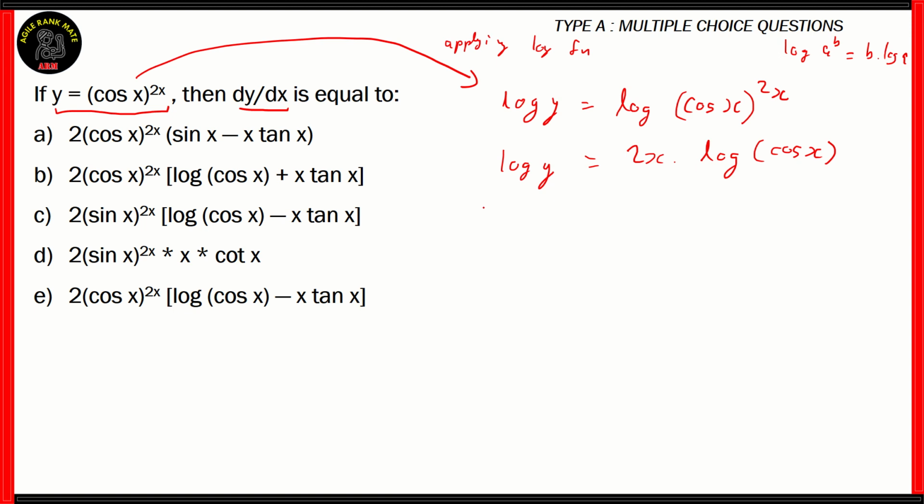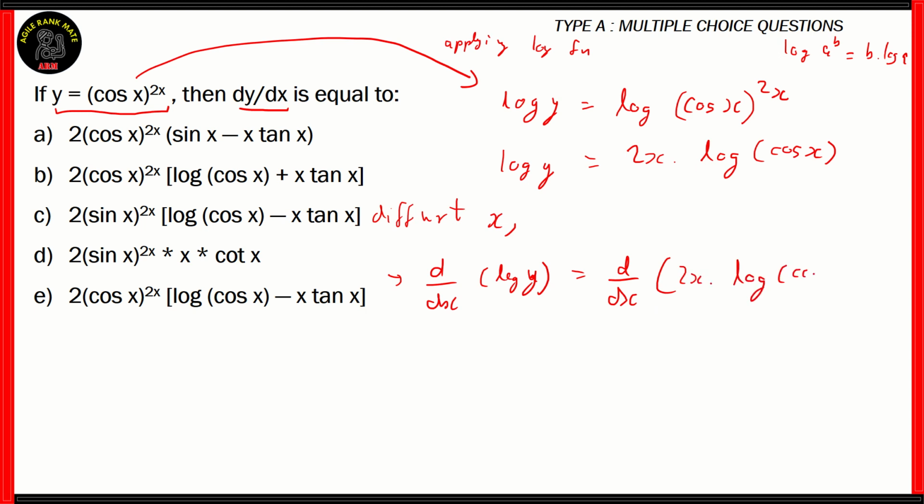Now from here, of course, you can differentiate with respect to x. On the left hand side we get d by dx of log y. The right hand side would be d by dx of 2x times log of cos x.